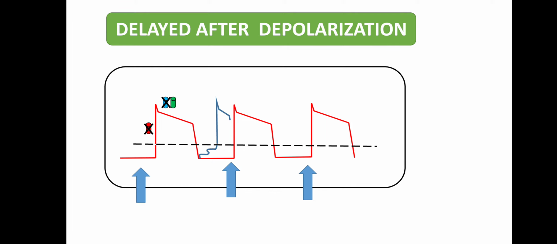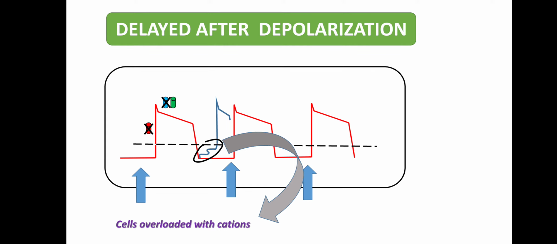More importantly, it is calcium ion. The main villain behind this delayed afterdepolarization is calcium ion, and along with calcium ion, some sodium ion and potassium ion overloading will be there. So the main reason behind delayed afterdepolarization is that this particular myocardial cell is overloaded with calcium ion.